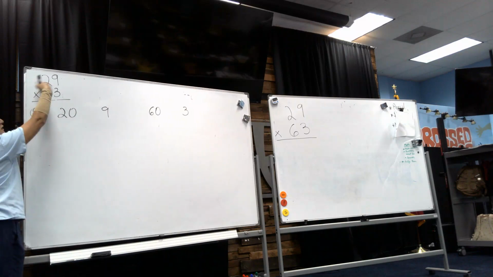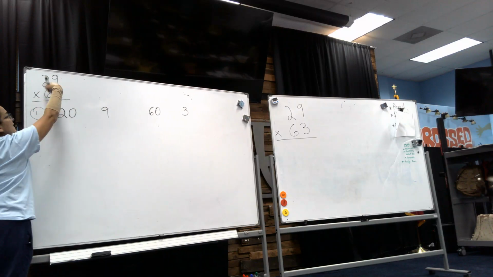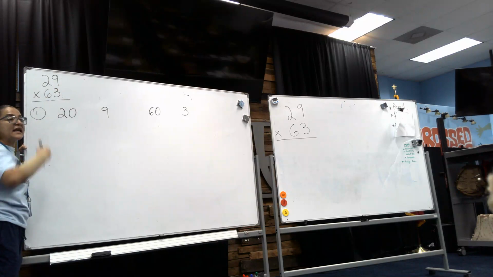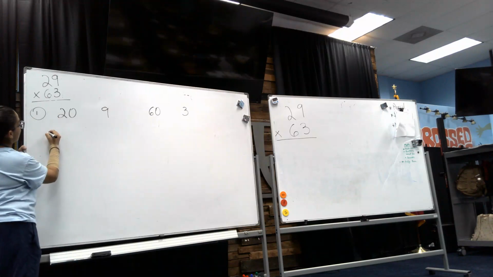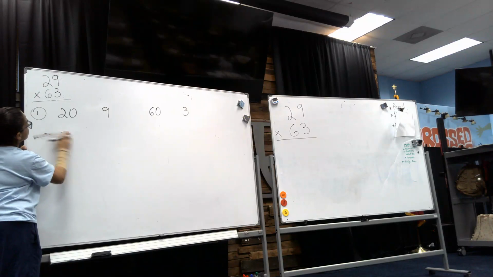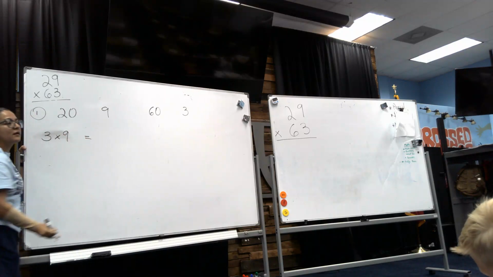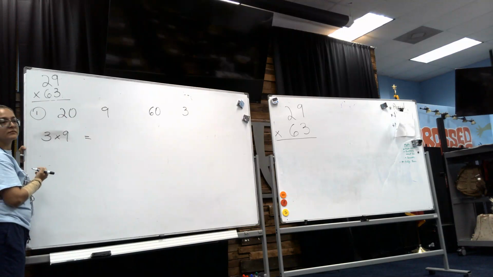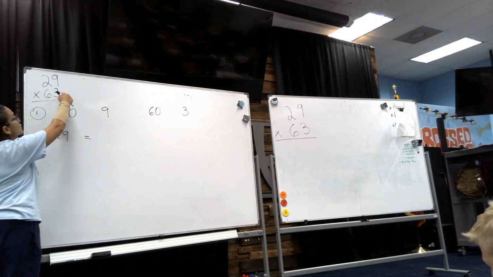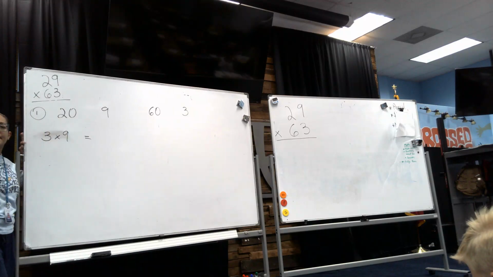So this multiplication, pay attention, if you break it up into little pieces, you have to multiply 9 times 3. Actually, I'm going to start with 3 times 9, and then what? What's next? Arturo? We multiply. Yes, the first one is 3 times 9, and then what?